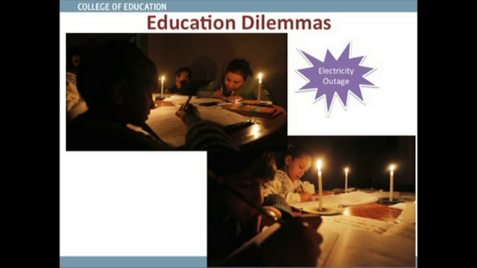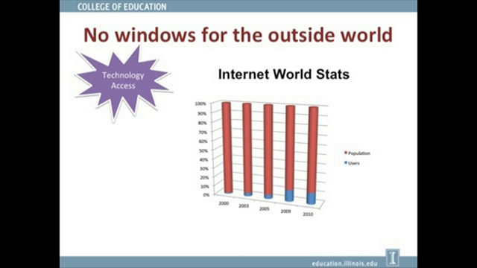Because there is no electricity, there is no access to computers or anything. So this dilemma also affected technology access. Because of the electricity outage, the internet users and the technology users are really pretty low in Palestine.